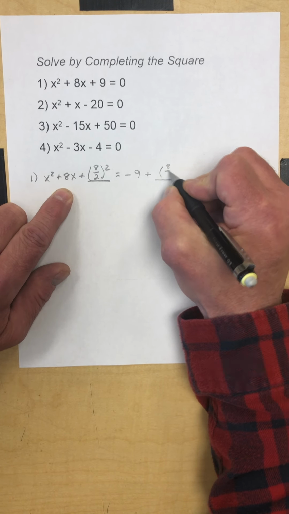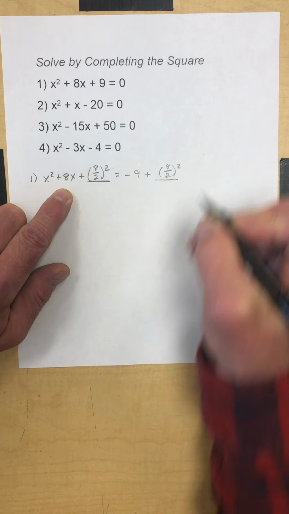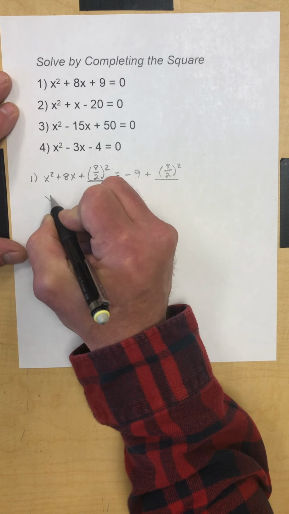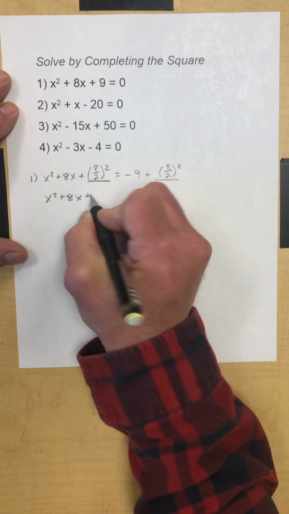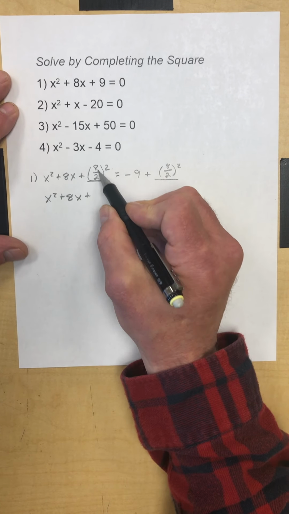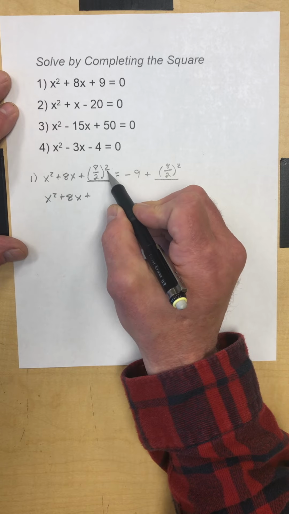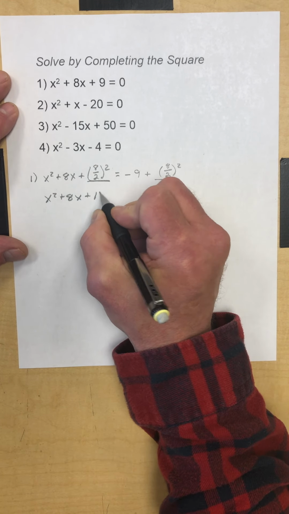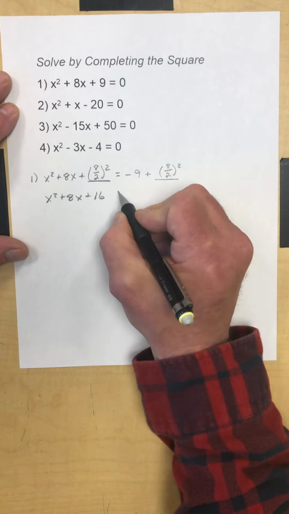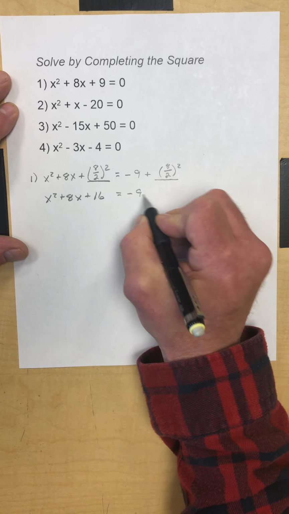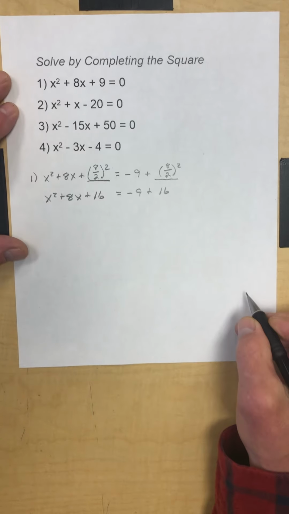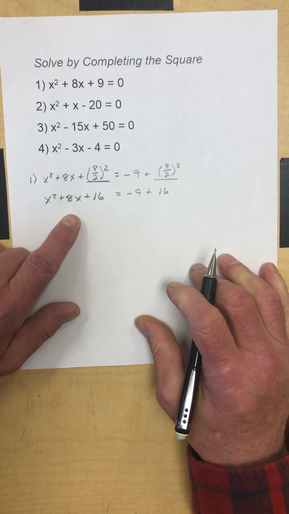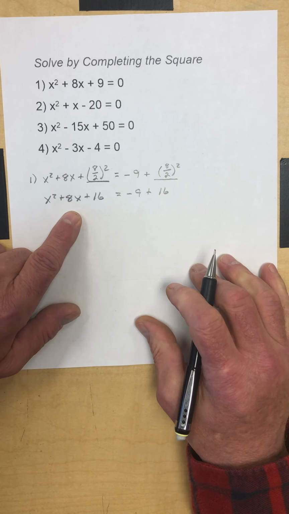So I get x squared plus 8x plus, let's see, 8 divided by 2 is 4, and 4 squared is 16, equals -9 plus 16. Okay, so let's take this and factor it.